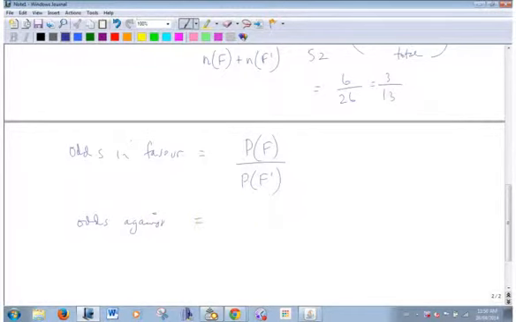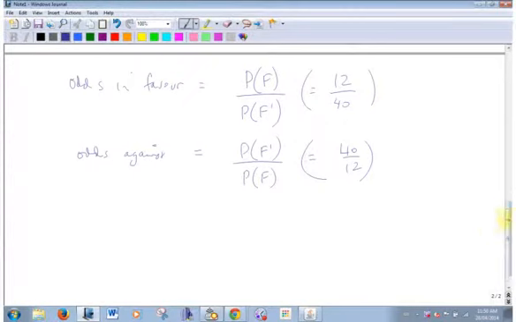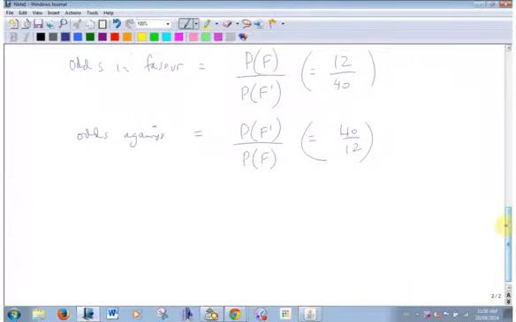And in general, for anything then, it would just be P of A over P not A, regardless of what A was. So odds against, well, take the inverse. Okay? So in general, that's what you do. So we did this, that was 12 to 40. Okay, and this one was 40 to 12. All right.